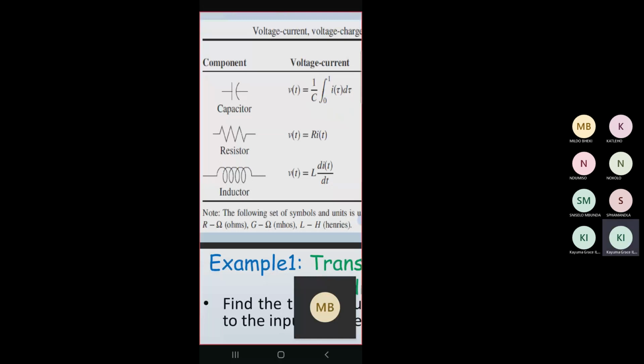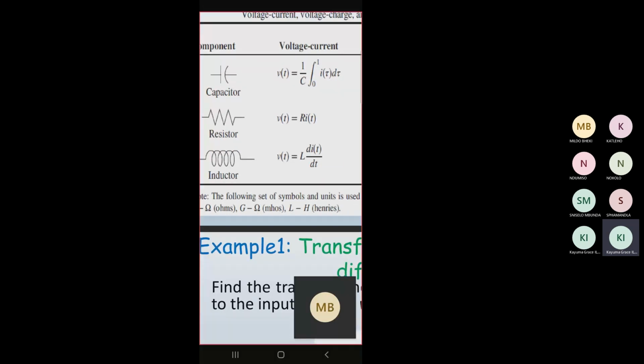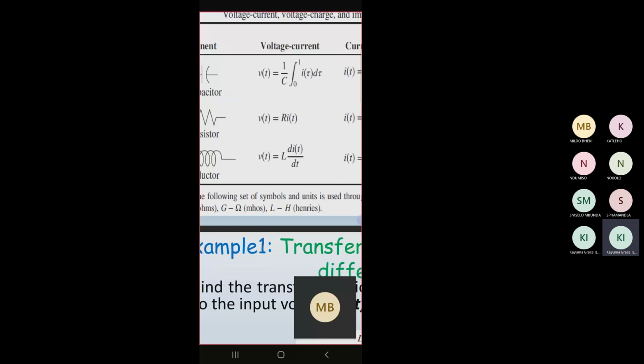So when you want to solve a problem of an electrical circuit, you can write your physical law in the time domain, but remember to solve them in the frequency domain. So you have first to apply the Laplace transform on all these formulas. Before you apply the Laplace transform, you have first to get the model.